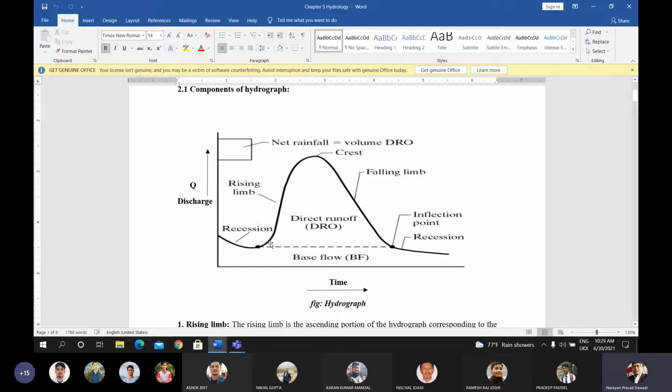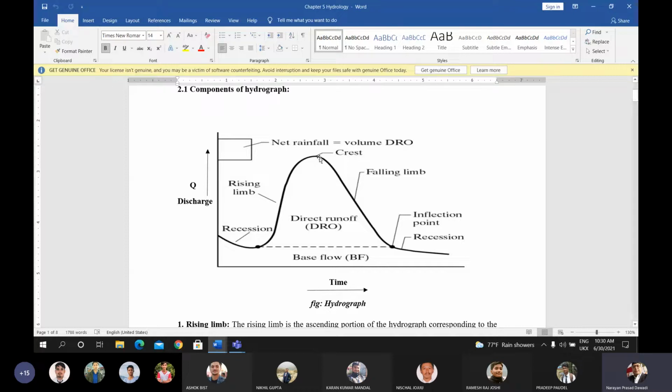The discharge of the river rises as all the water reaches the river at the same time, and that ultimately increases the flow discharge, until the discharge is at the crest level, the peak discharge. And when the rainfall is stopped, the water reaching the river also decreases accordingly.